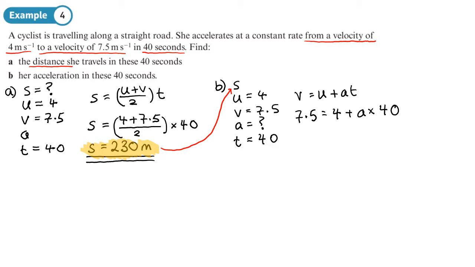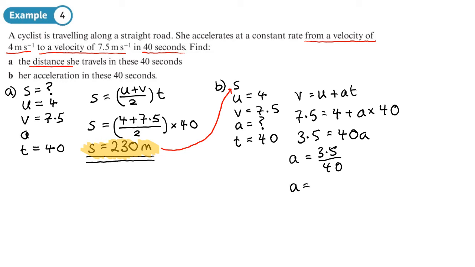So we'll start by taking 4 away from both sides, and that will leave me with 3.5. So I've got 3.5 equals 40A. So A is going to be equal to 3.5 divided by 40.